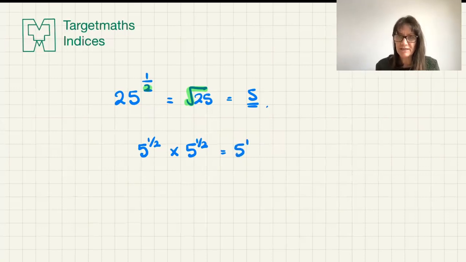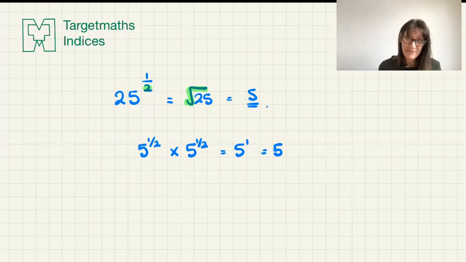A half plus a half is 1. 5 to the 1 is equal to 5. Okay, so I have a fact that I've just written down, that anything raised to the half multiplied by itself, so a half times a half, is going to give me power 1, going to give me the same base.